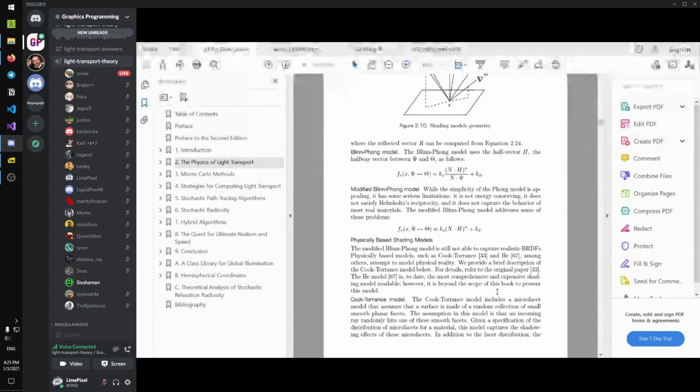What's the most advanced model today? Oh, I have no idea. I'm not following the BRDF literature, but I can send you a review, though it's an old review.